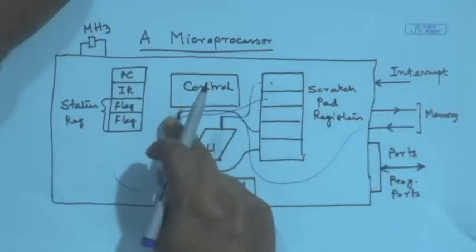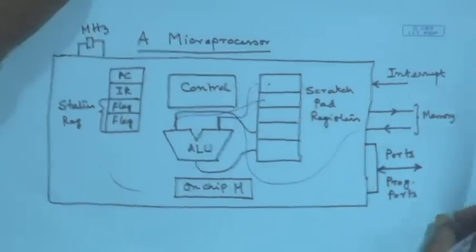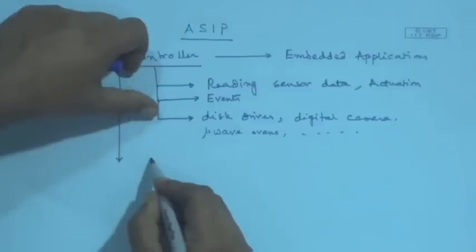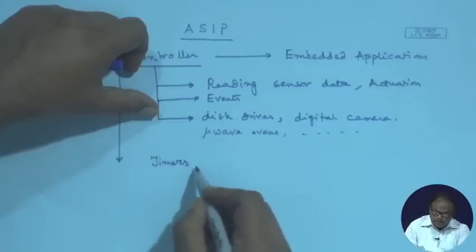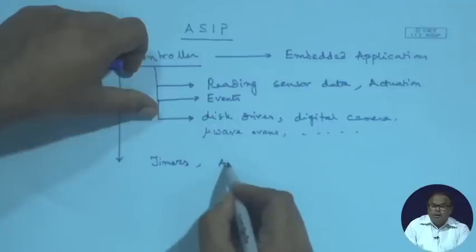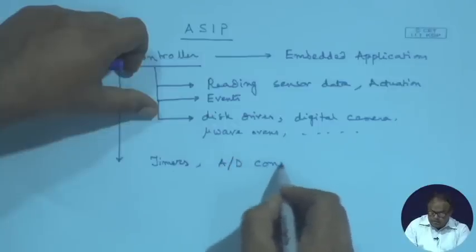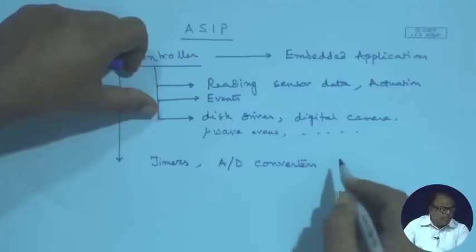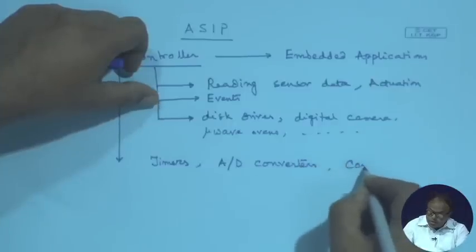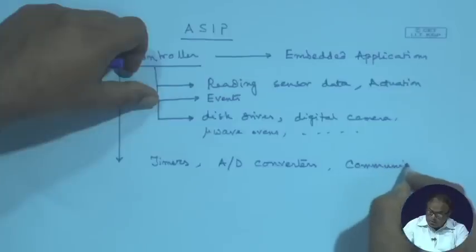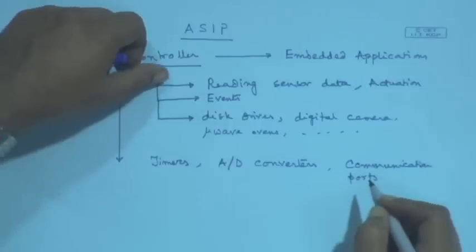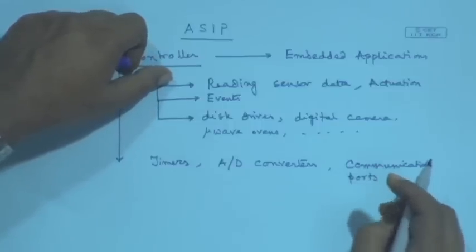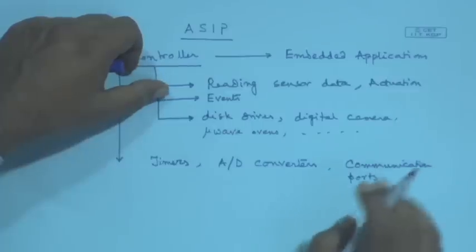The data path will also consequently become simpler, but it has in addition some devices which are very important for embedded system development, like timers, A to D converters, communication ports, and there is a register space, of course.